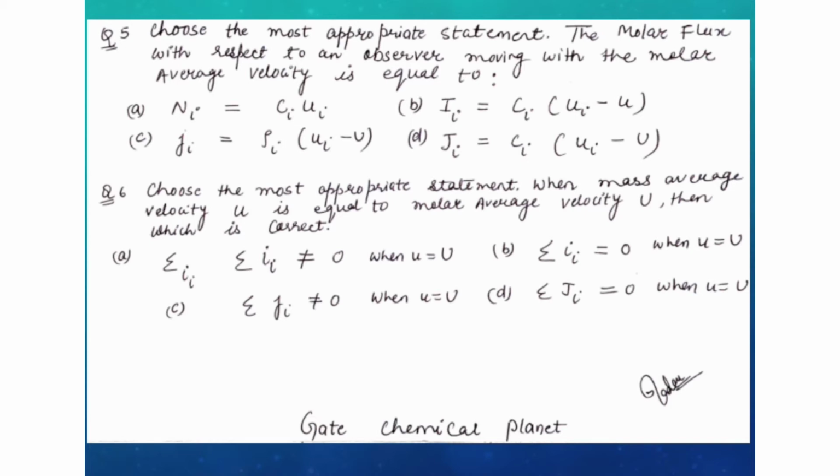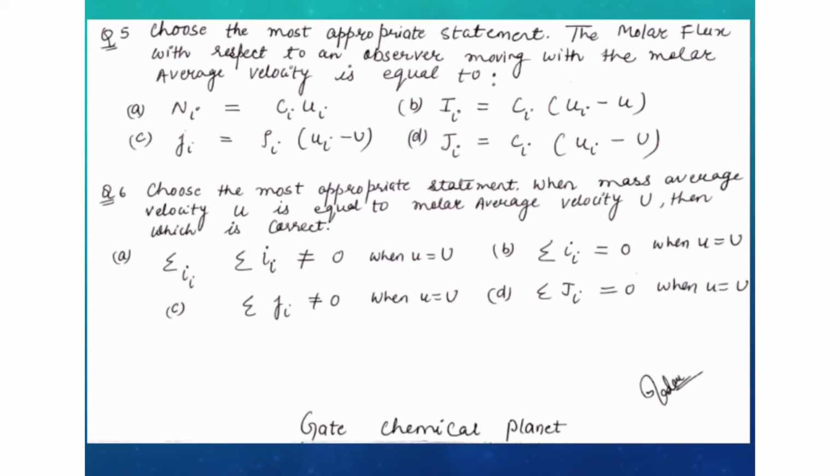Options are given: A, Ni equals Ci ui; B, Ii equals Ci (ui minus u); C, Ji equals rho i (ui minus u); D, capital Ji equals Ci (ui minus u). So how will we choose the proper option for this question?